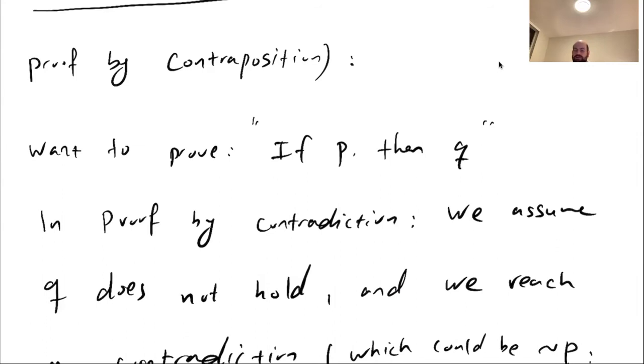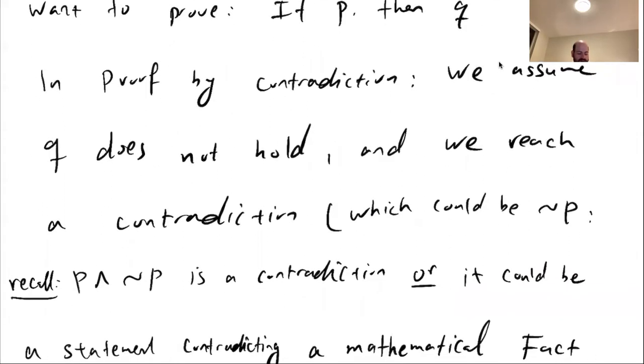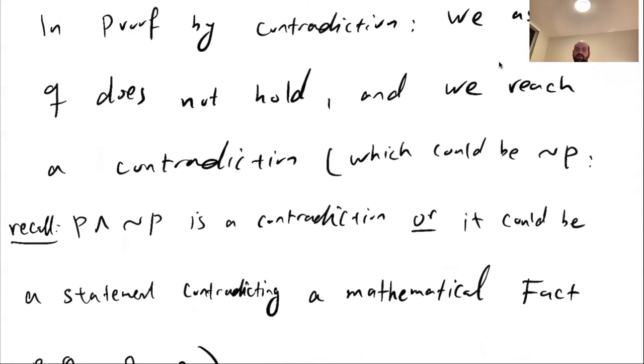In proof by contradiction also, we start with negation Q, and then we can either reach negation P, in which case it is exactly what we would do in proof by contraposition, or we can derive another type of contradiction. If we derive negation P, that would be a contradiction because P and negation P is a contradiction. Or we can have another type of contradiction, for example, 2 equals 0.